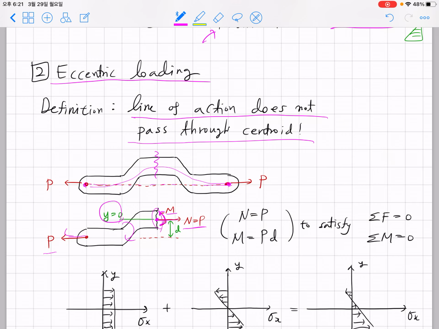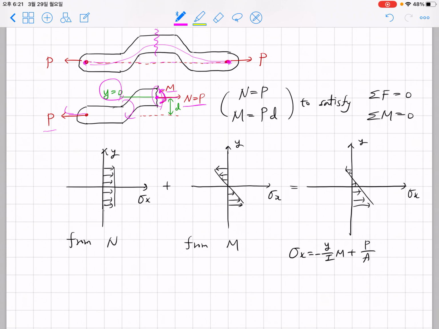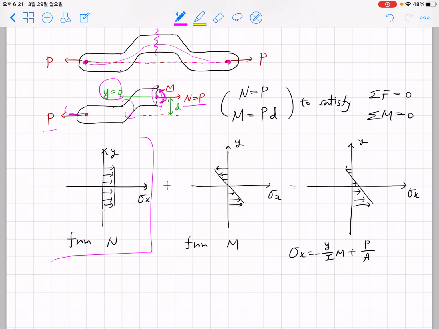Okay, so y equals 0 here is the centroid location, and if we draw the stress distribution, it looks like this. From the normal force N, you're going to have a uniform stress regardless of the position y.